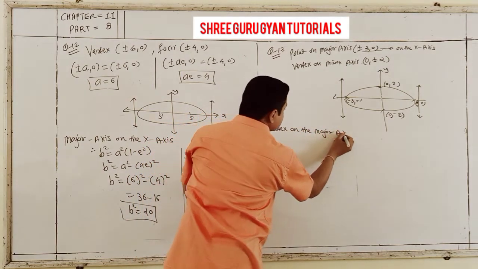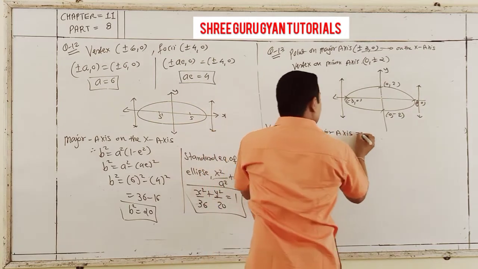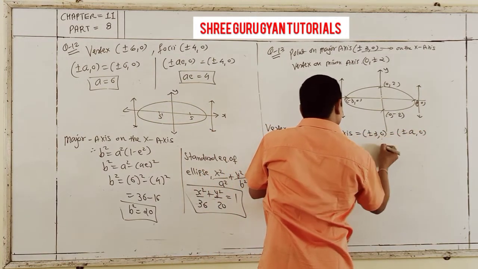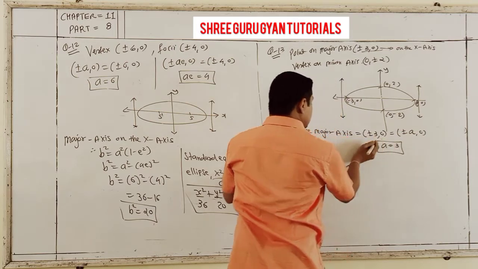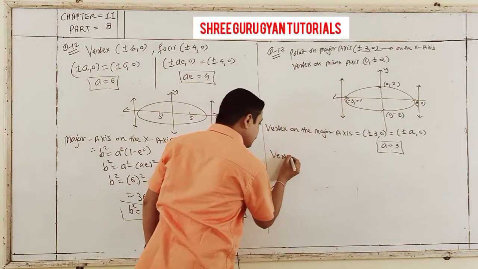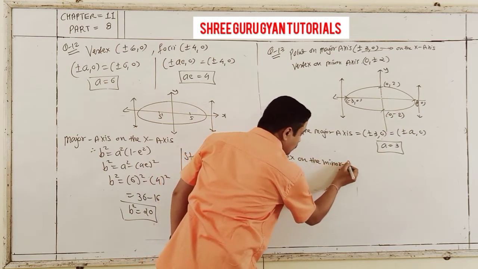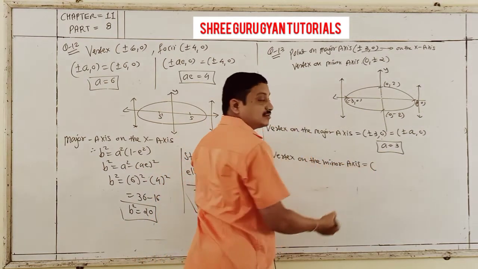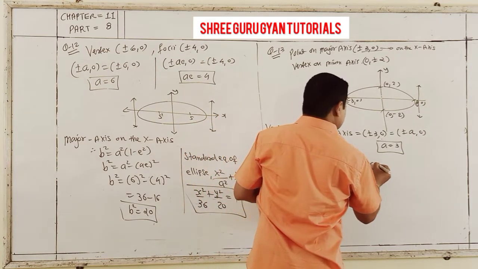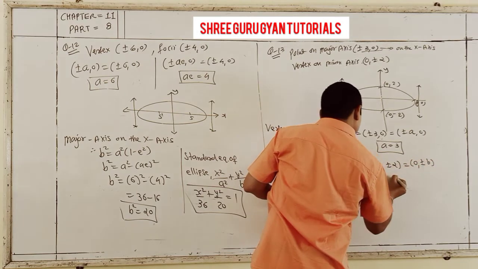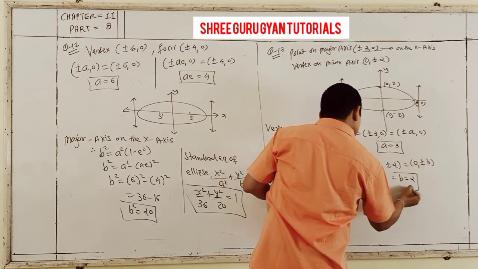Vertex on the major axis are plus or minus a, 0, but I know plus or minus 3, 0, so a is 3. Same, vertex on the minor axis: students, minor axis points are 0 comma plus minus b, and here it is 0 comma plus minus 2, so b becomes 2.